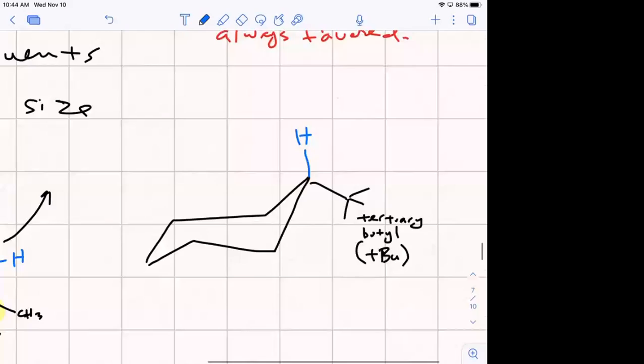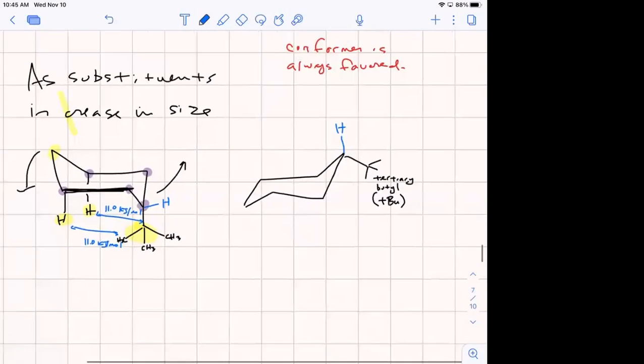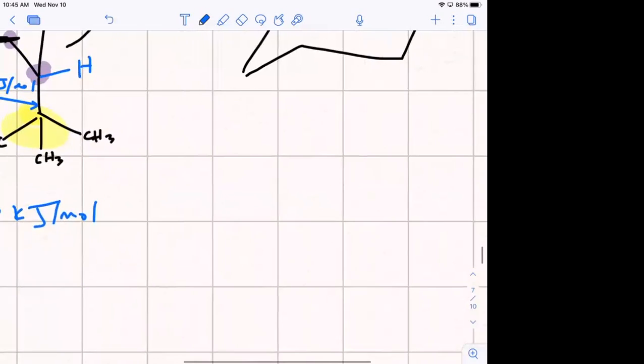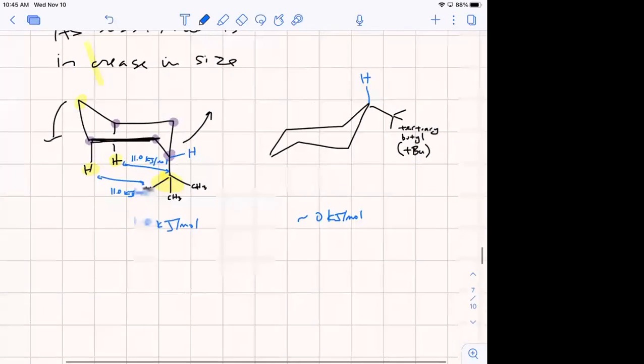So which side do you think equilibrium is going to favor? This has a total energy of 22 kilojoules per mole, and this has a total energy of relatively 0 kilojoules per mole. If these 2 are in equilibrium, which side is going to be favored? Right.